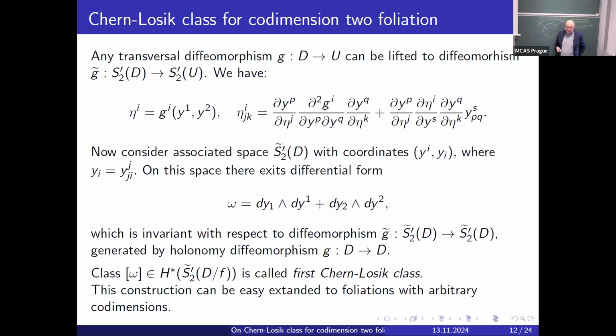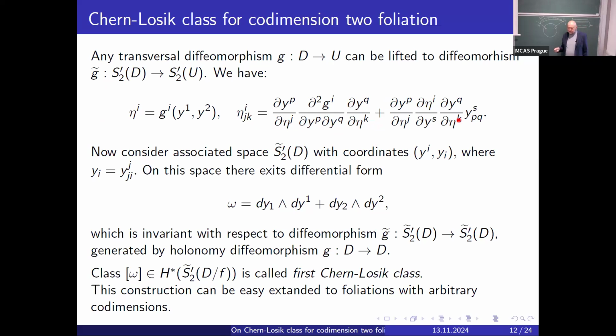if we take these coordinates, and again consider, for example, two transversals, D and U is some another transversal, and G is a diffeomorphism from holonomy group, local diffeomorphism. We again can lift this diffeomorphism to the space of jets, and we have the following transformation of coordinates.